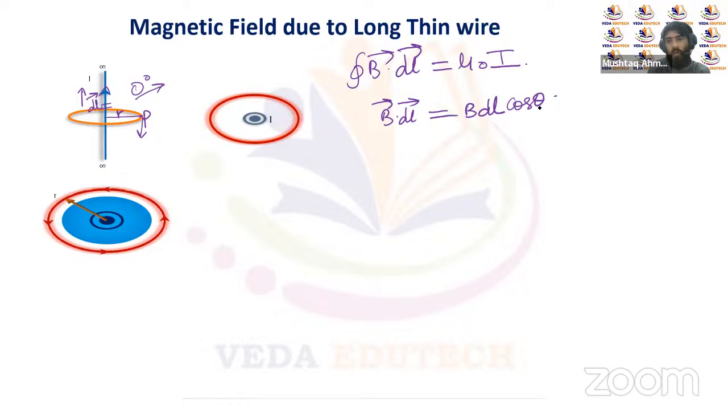So putting theta equal to 0 in this equation, our B dot dl comes out to be equal to B dl. So we can substitute this in this equation.